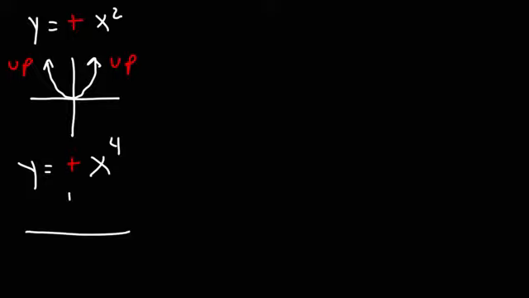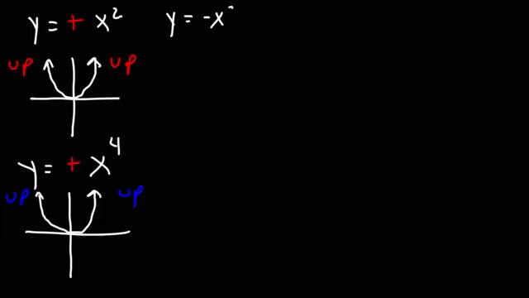This graph looks similar. The end behavior is up on the left and up on the right. So anytime you have a polynomial with an even degree and a positive leading coefficient, the end behavior will be up, up.